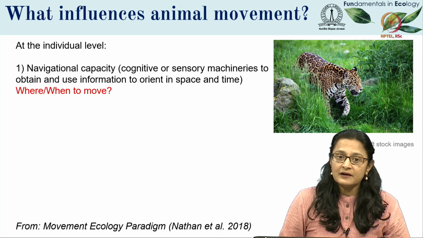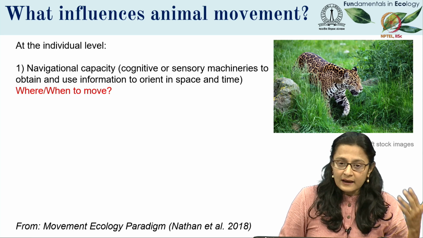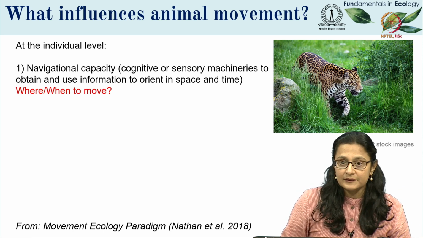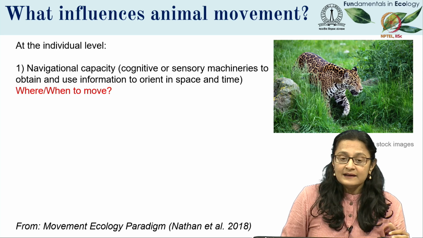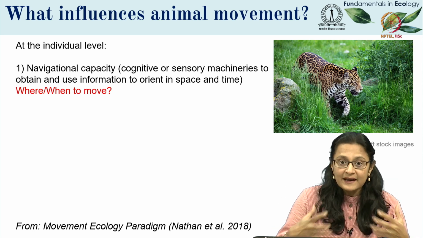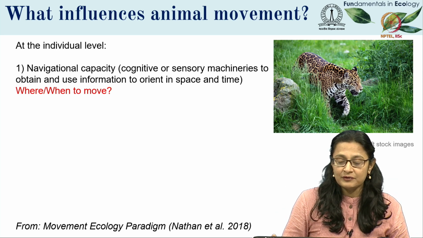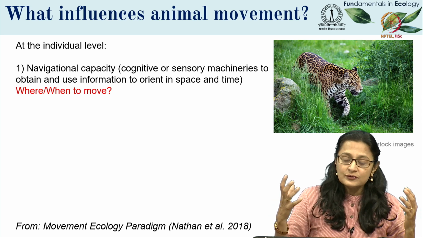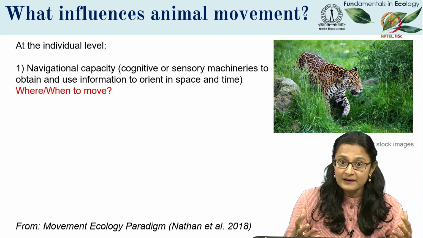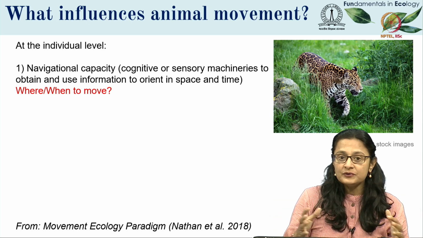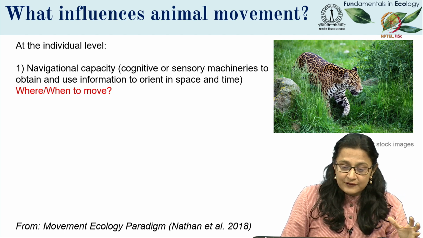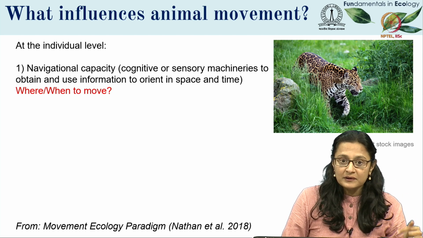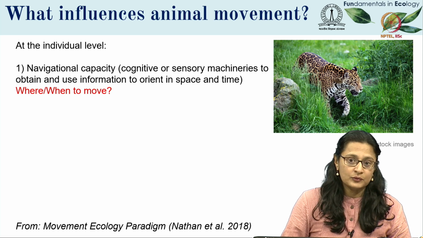At the individual level, we have to think about an animal's navigational capacity. So it's the cognitive or sensory machinery that it uses to obtain and use information in the environment. They use this information so their navigational capacity allows them to orient in space and time. It's the navigational capacity that influences where and when an animal should move.